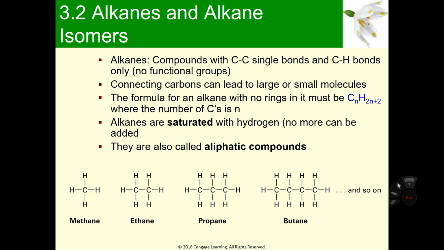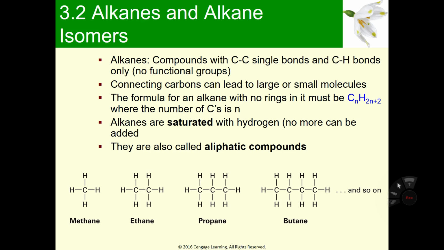Let's just focus on alkanes. Alkane is a compound with the carbon-carbon single bond and carbon-hydrogen bonds only. We say there are no functional groups in alkanes because carbon-carbon single bond and carbon-hydrogen bonds are very stable and they are inert for the organic reactions.